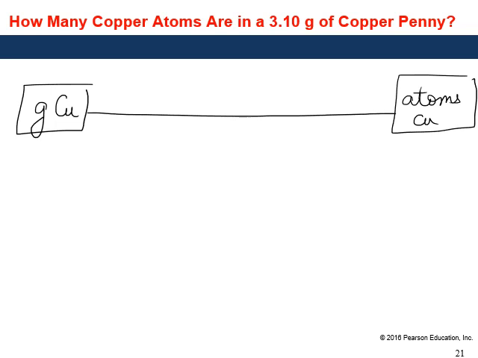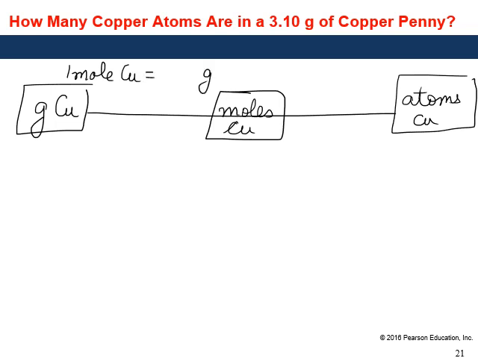The only way I can convert grams to copper atoms is I need a mid step in between, which would be moles of copper. So first I'll have to convert grams to moles, then I can go from moles to atoms. What is the relationship between grams and moles? Molar mass. So 1 mole of copper weighs how many grams of copper? That you can get from the periodic table.